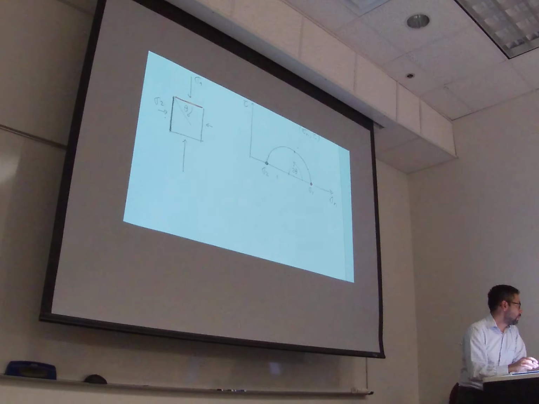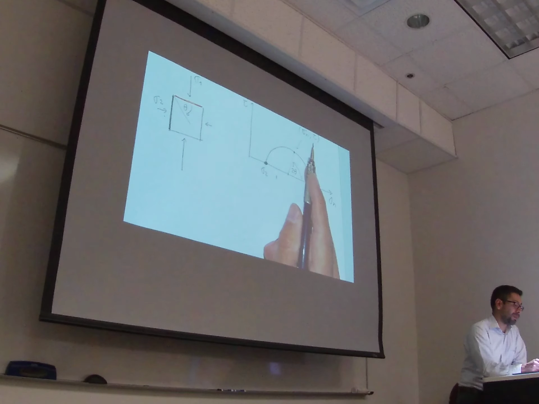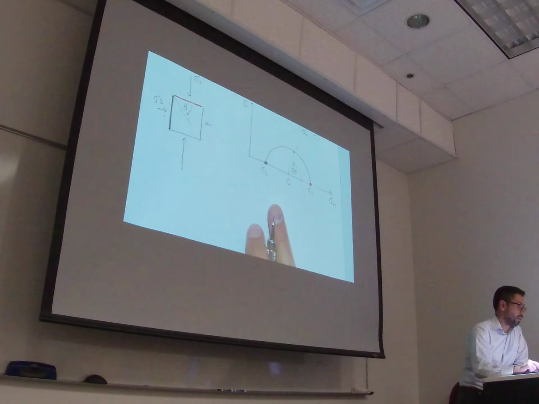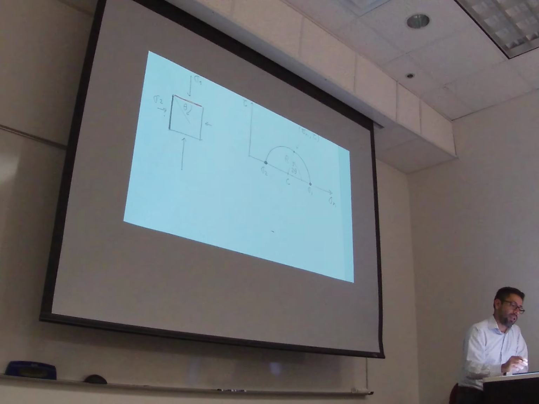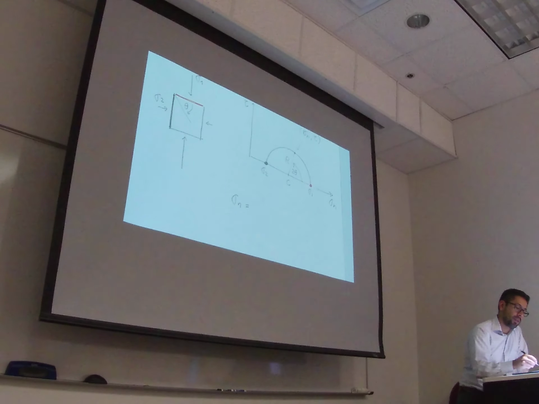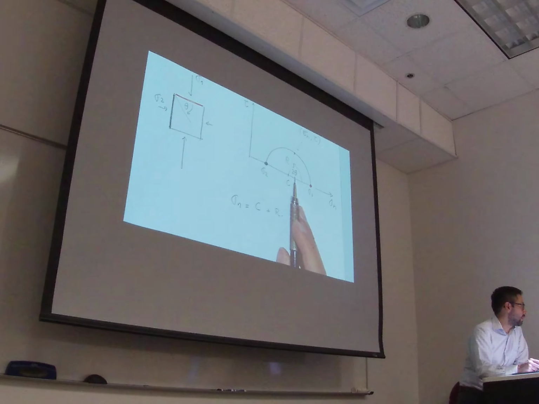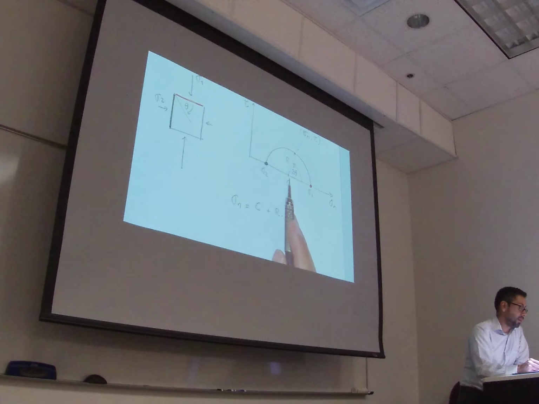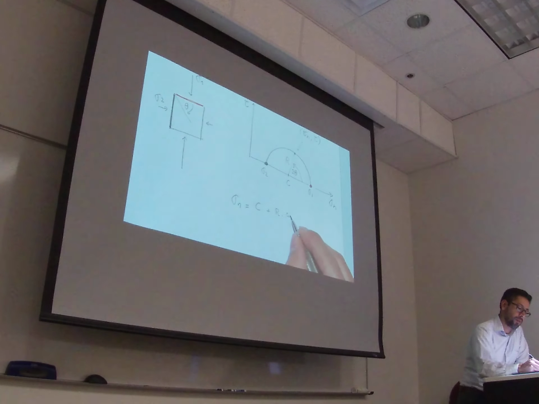And if I want to compute what those values of sigma n and tau are, it's very easy, just trigonometry. This is the center of the circle. This is the radius of the circle. So at a given location, sigma n is going to be the center of the circle plus the radius of the circle times, what should I multiply this? If I want to get this distance, it's going to be the cosine of 2 theta, right?